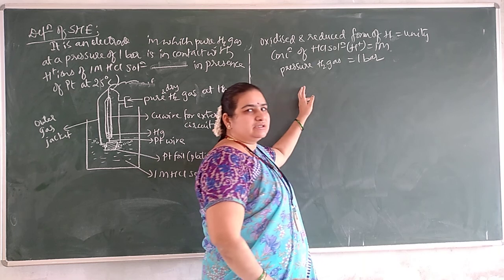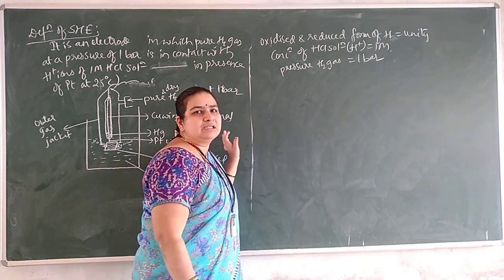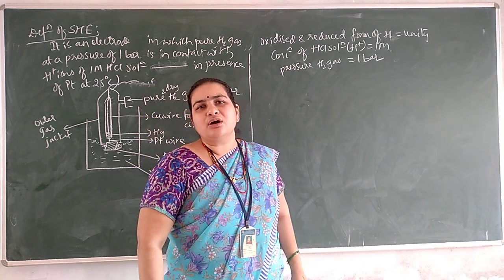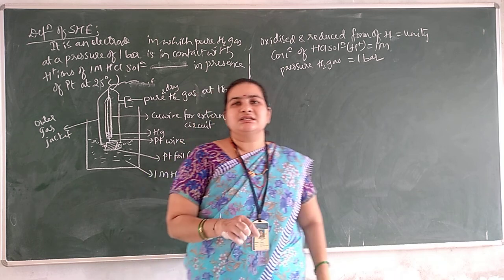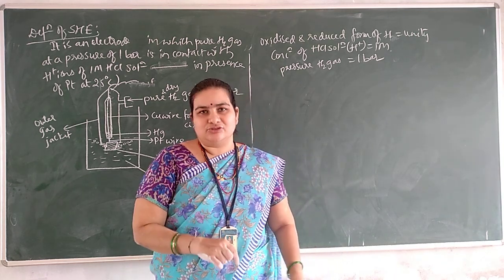Under these conditions this standard hydrogen electrode shows an electrode potential of 0.0 volts. By this reason we can use it as anode or as cathode.